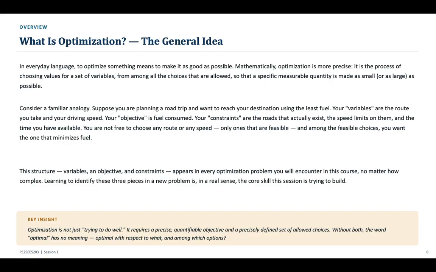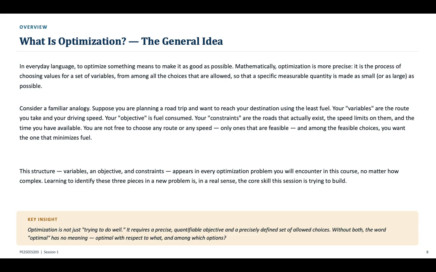Consider a familiar analogy. Suppose you are planning a road trip, and want to reach your destination using the least fuel. Your variables are the route you take and your driving speed. Your objective is fuel consumed. Your constraints are the roads that actually exist, the speed limits on them, and the time you have available.